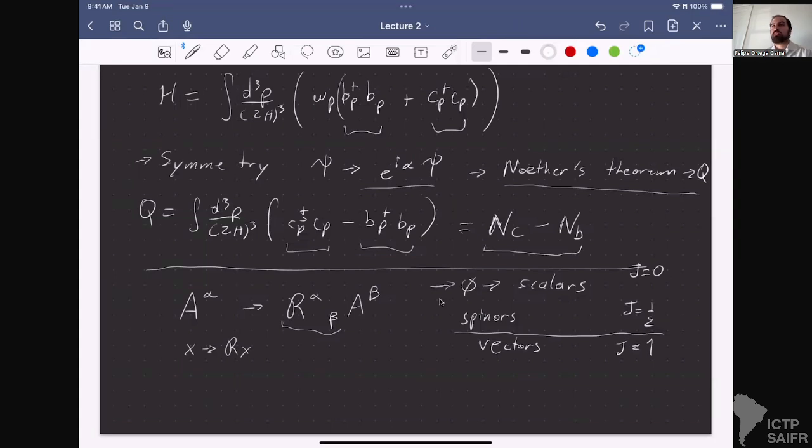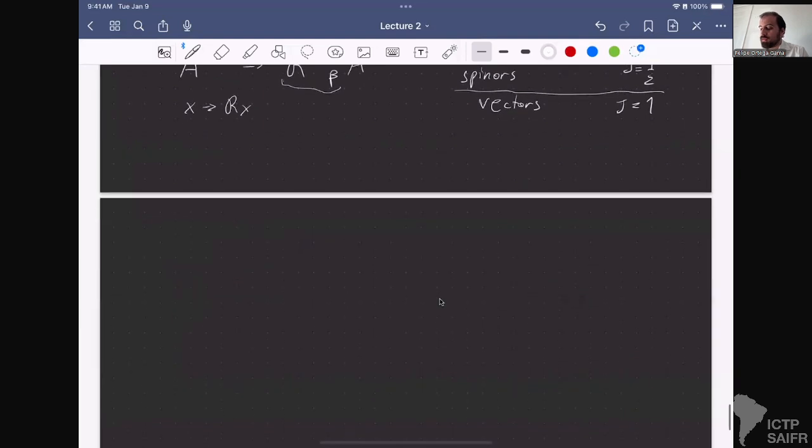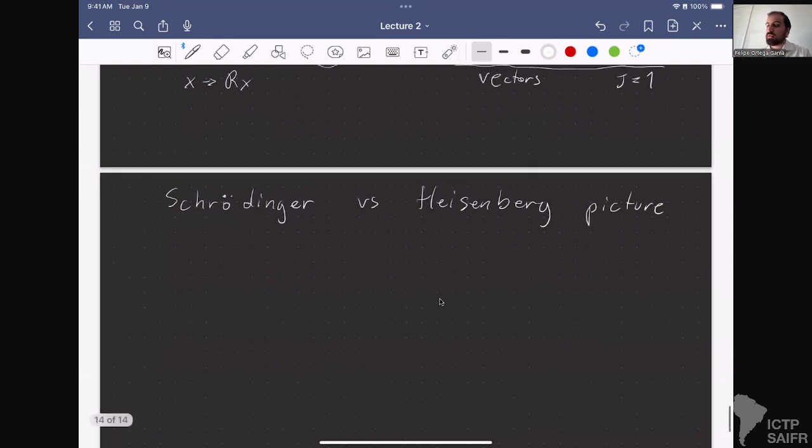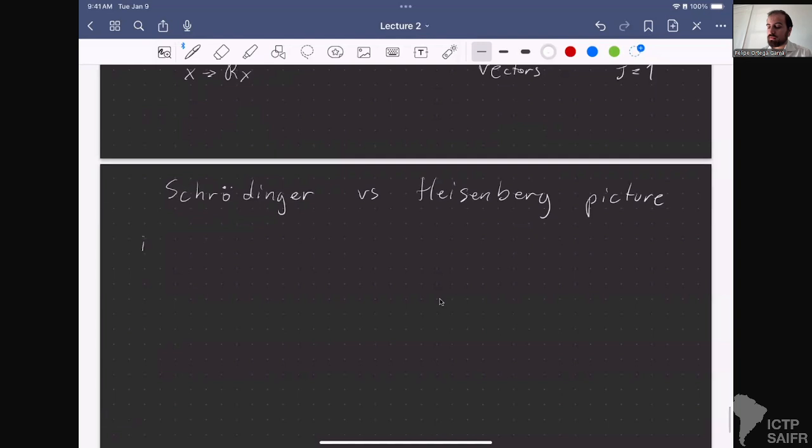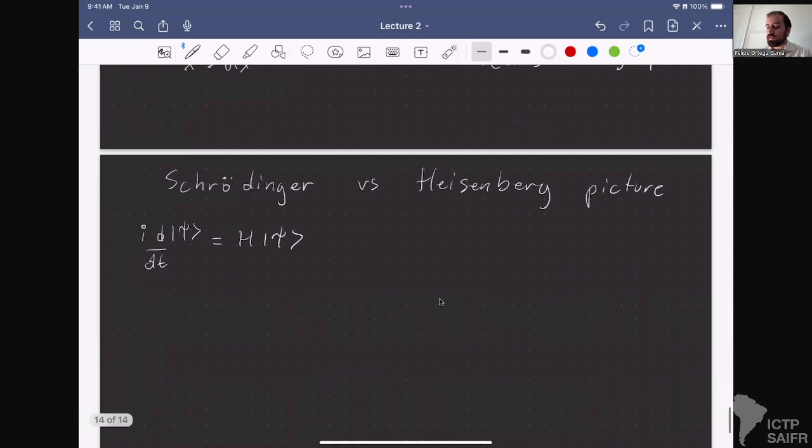If there are no more questions, then let me go to the Heisenberg versus the Schrödinger picture. The Schrödinger picture in quantum mechanics is what you typically do, where you have your Schrödinger equation for your states. You have your Hamiltonian, and you solve this to get that your states evolve in time.